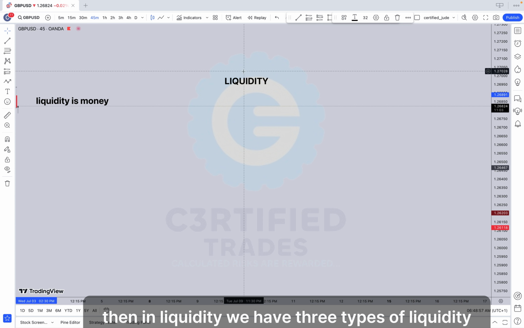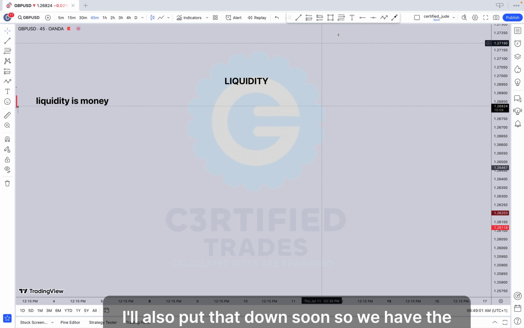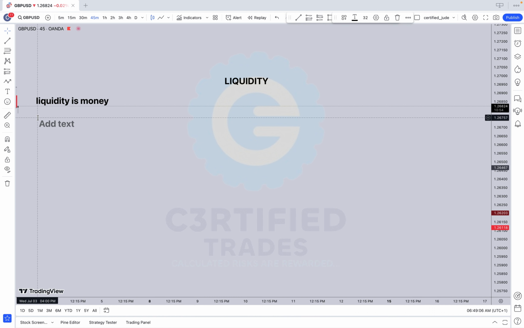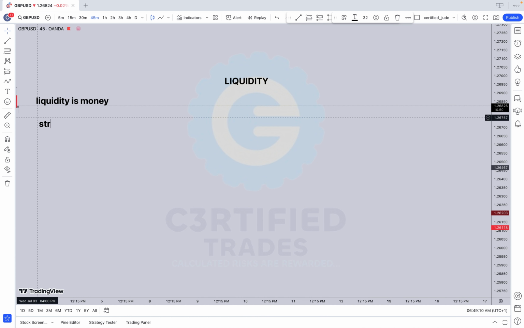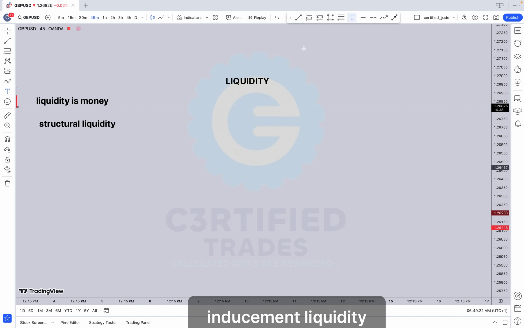In liquidity, we have three types of liquidity. I'll put that down too. So we have the structural liquidity, then we have the inducement liquidity.